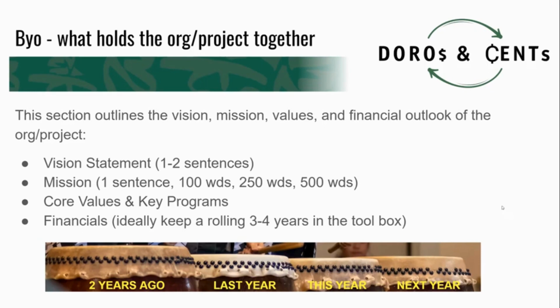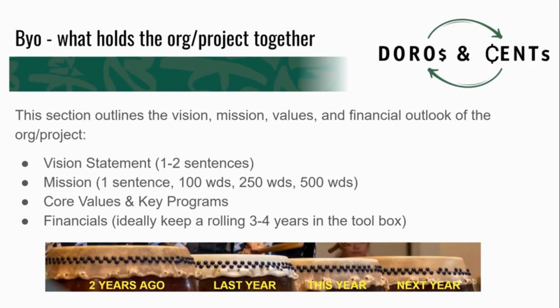It may sound counterintuitive, but a lot of funders like to see financially stable applicants that have a good handle on their fiscal health or fiscal state. And almost counterintuitively, it puts more confidence in them to give you grant money if they already know that you're in a good place financially. So it's all in that picture and how you paint it with this part of your toolbox.